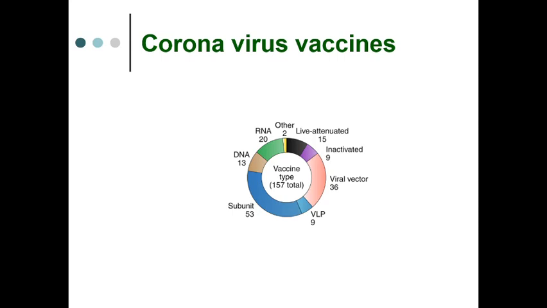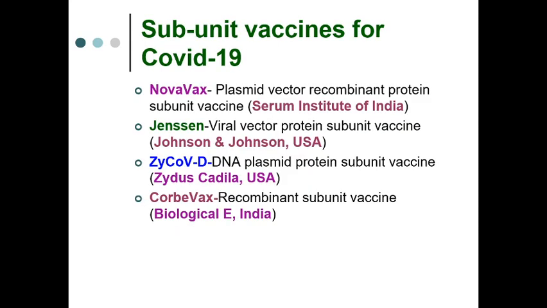About 157 vaccine candidates were identified and were tried for production. But how many succeeded, we are not sure, but those which succeeded are as follows.